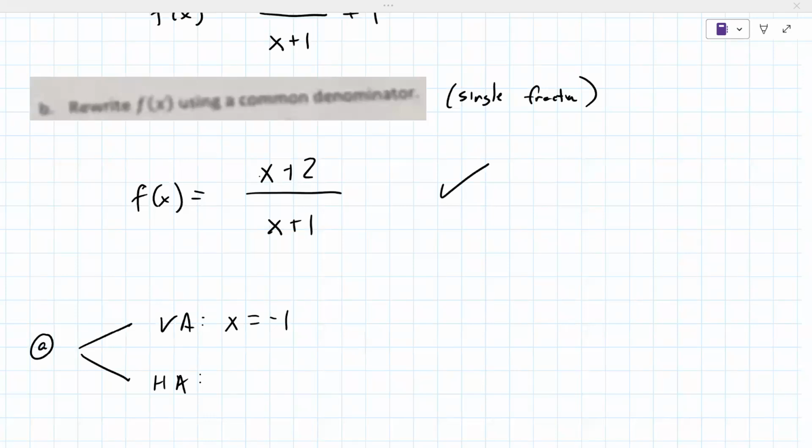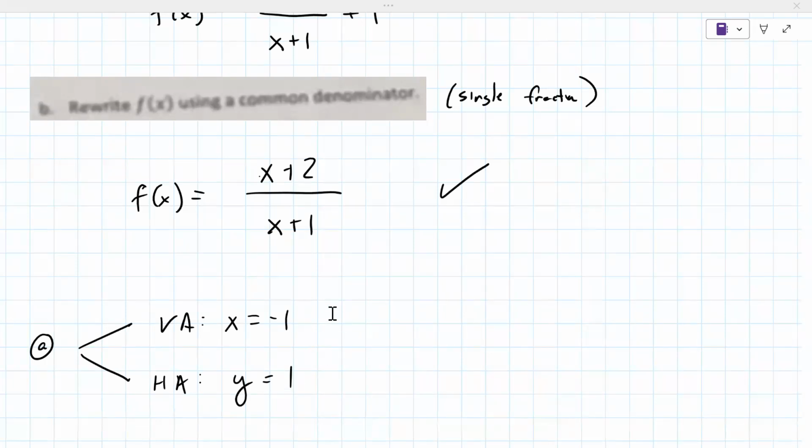You can do the ratio of the leading coefficients as well. Okay, let me write that down too. So it's just one. It's an equation though. Y equals 1.